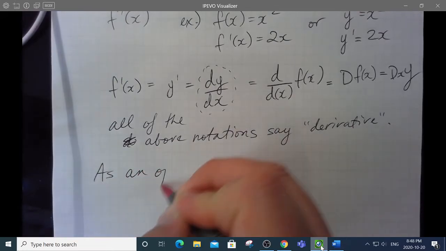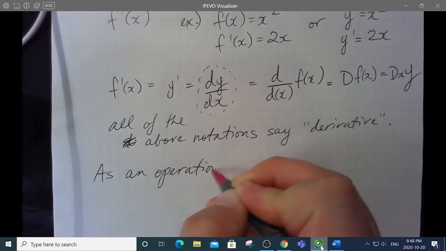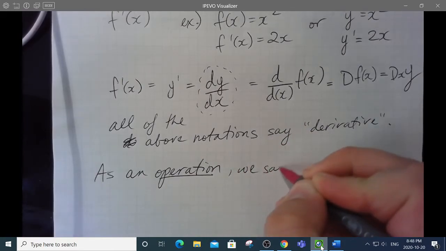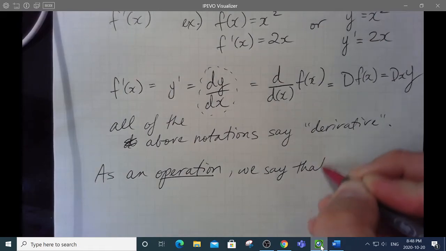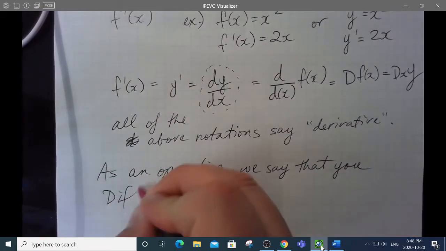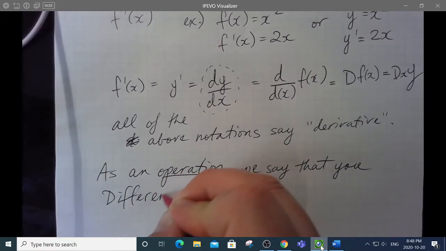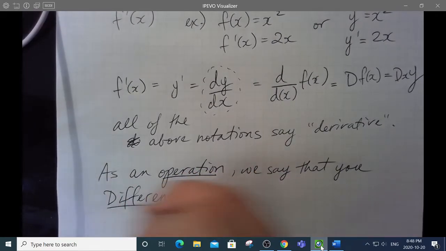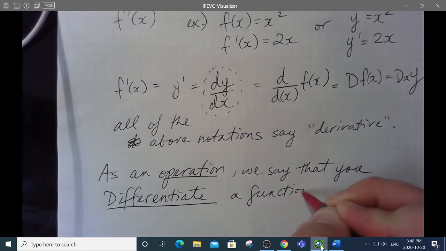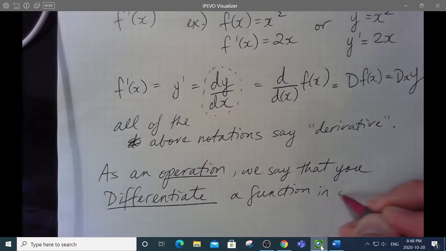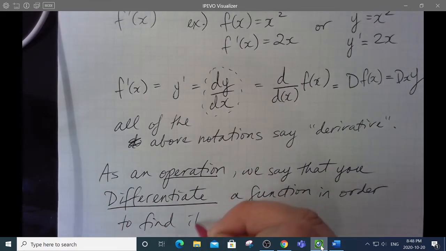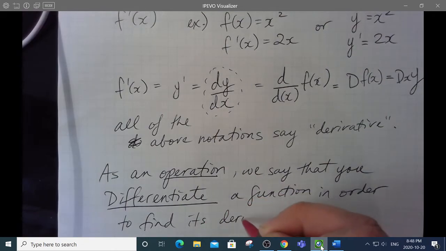As an operation, we say that you differentiate a function in order to find its derivative.